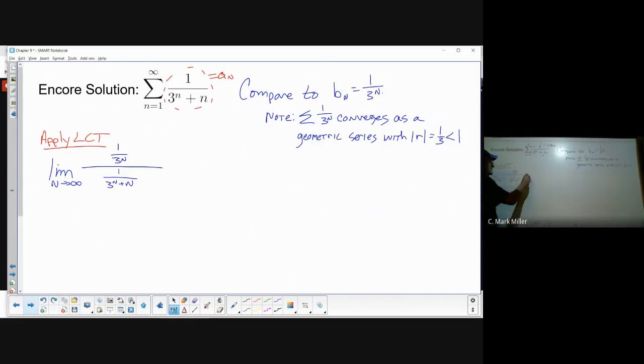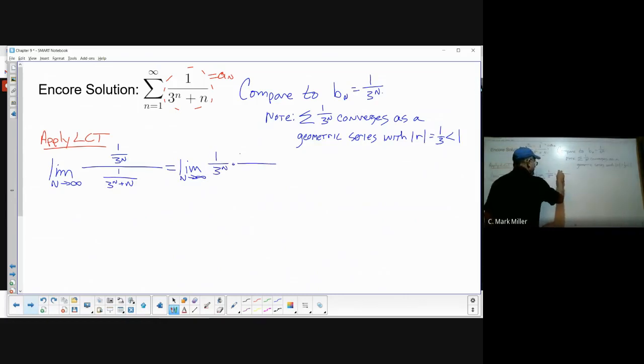So this equals limit n goes to infinity, invert and multiply. So you're going to have 1 over 3 to the n, that's the numerator. Denominator, 3 to the n plus n, 1.